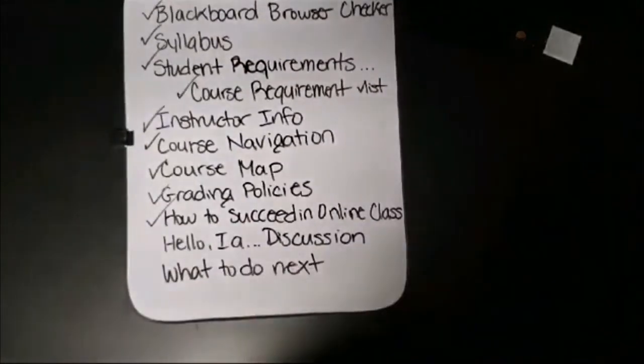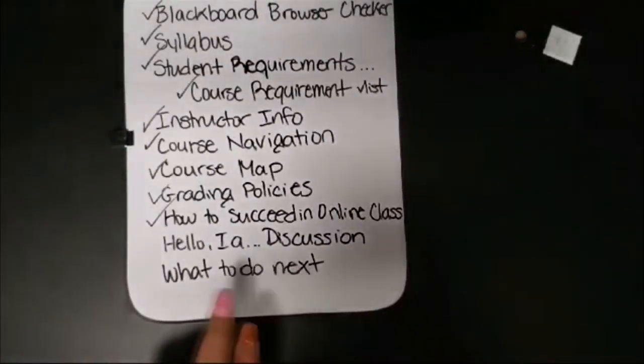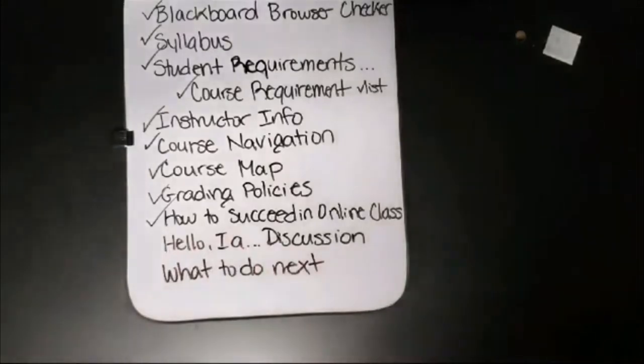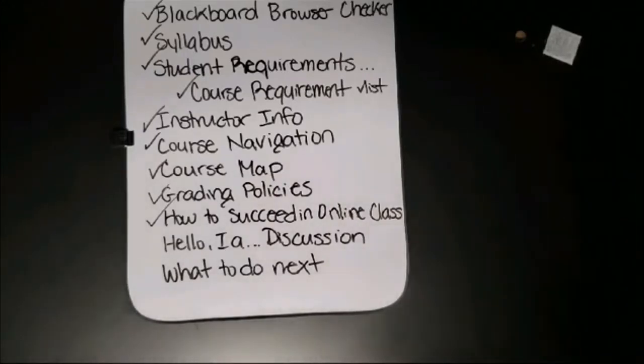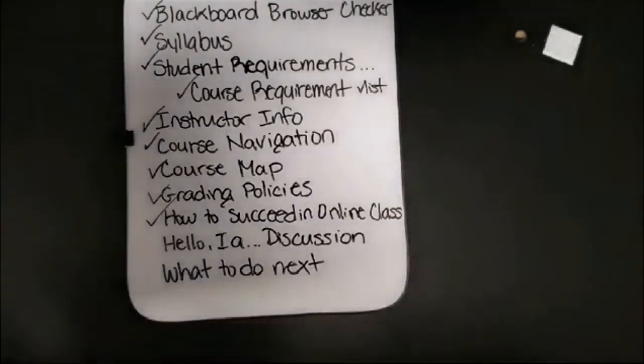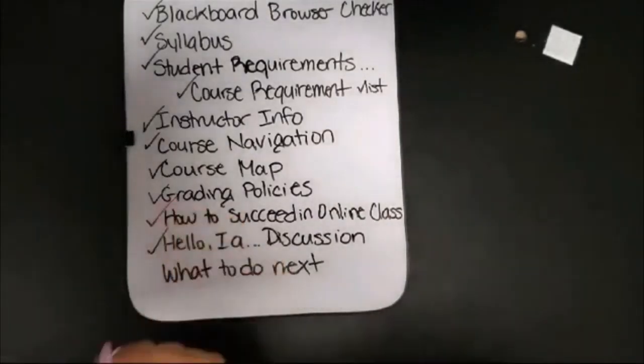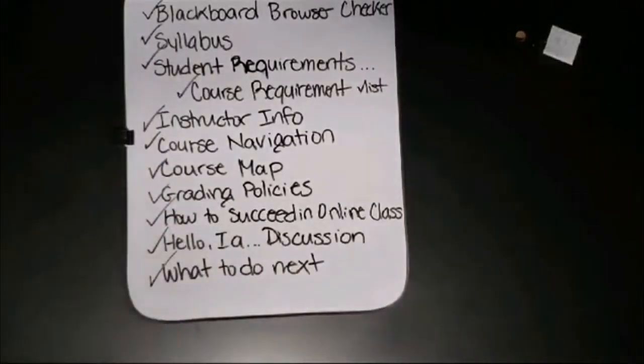So then the next thing in the start here is the Hello I Am, which is the discussion. And in there, just read the discussion and comment on the question that I asked you all, okay? After that, you will see what to do next.